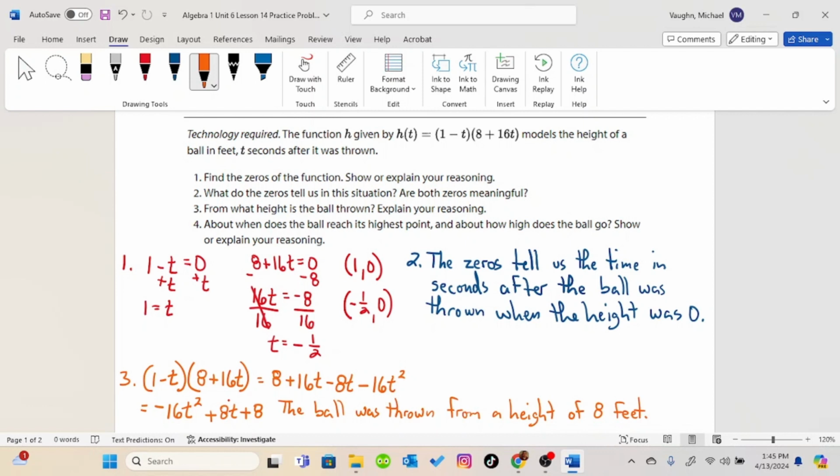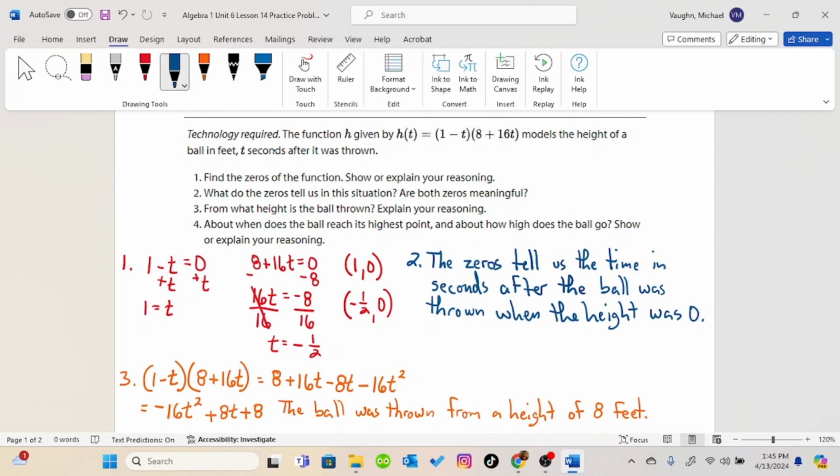And number 4, about when does the ball reach its highest point, and about how high does the ball go? Before I do that, I just realized I forgot the second part of number 2.